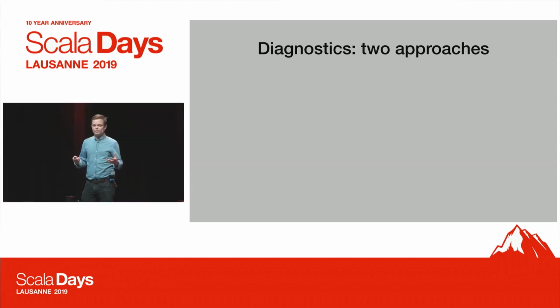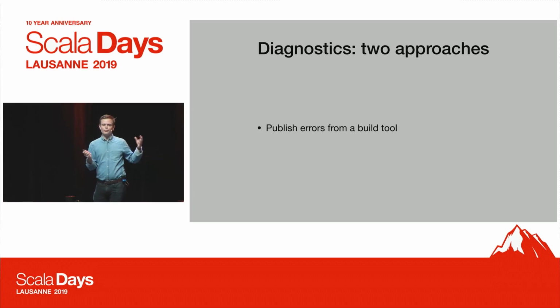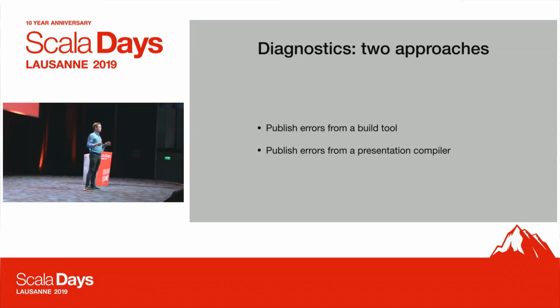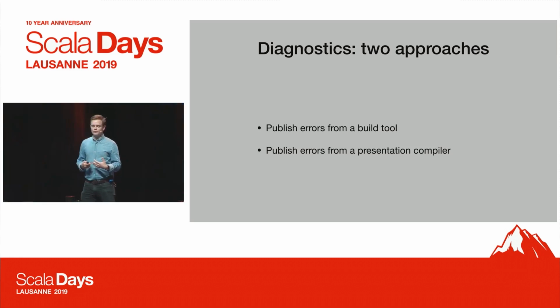So there are two approaches to actually do diagnostics, I would say. One of them is you can just publish them from whatever you compile. You run compile in your build tool, and then you scrape the logs and you put it into the editor, and that's what I would call publishing errors from the build tool. An alternative approach is that you have a presentation compiler, like a library API, where you do that compilation yourself in the IDE, and you publish them directly yourself.